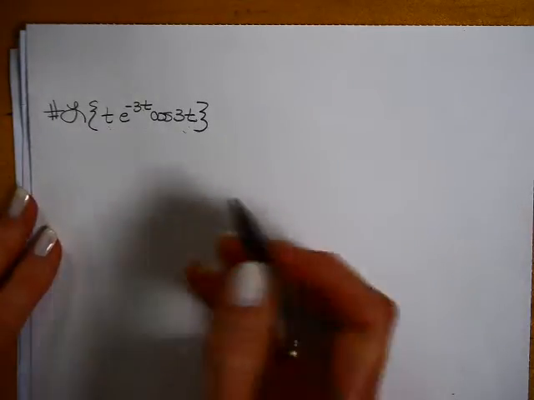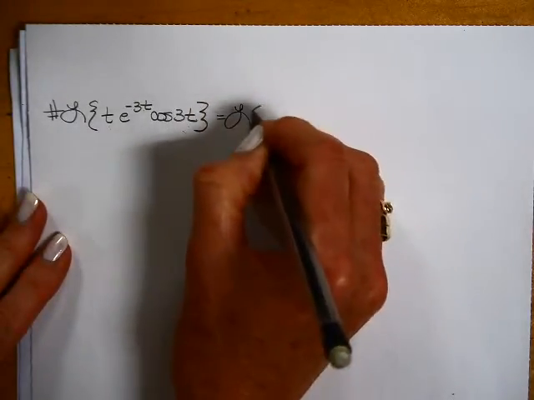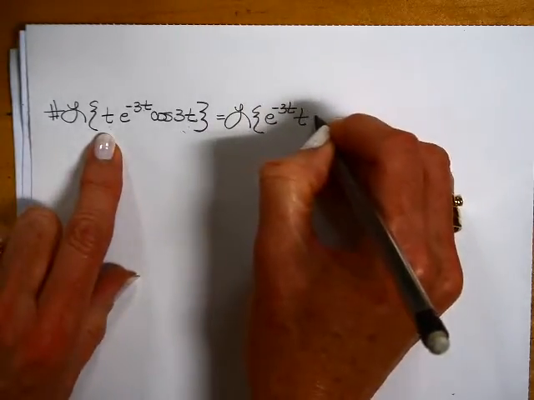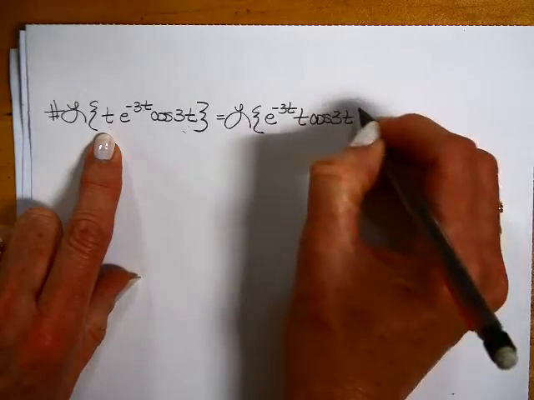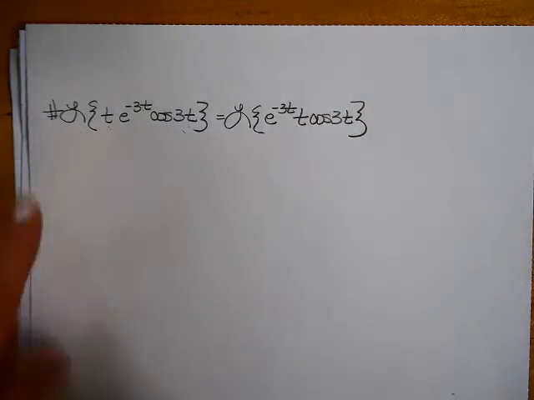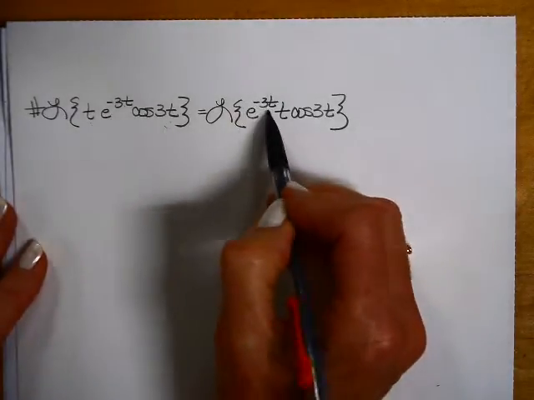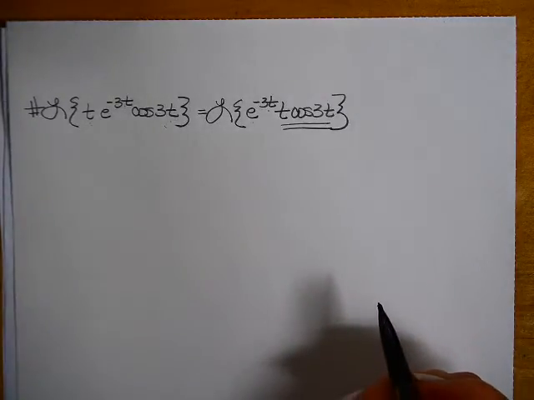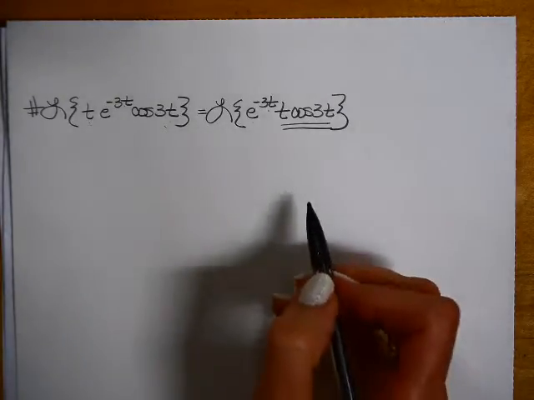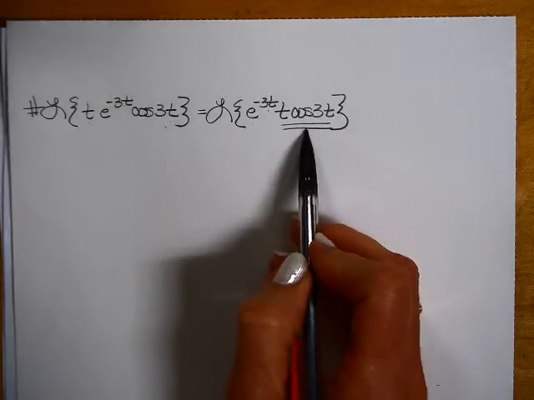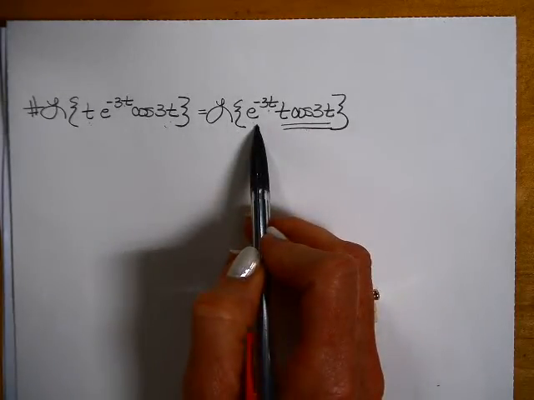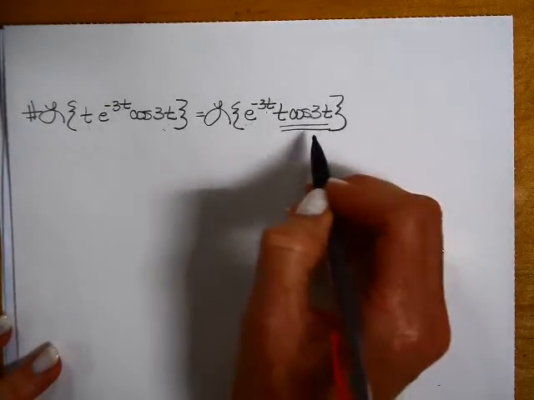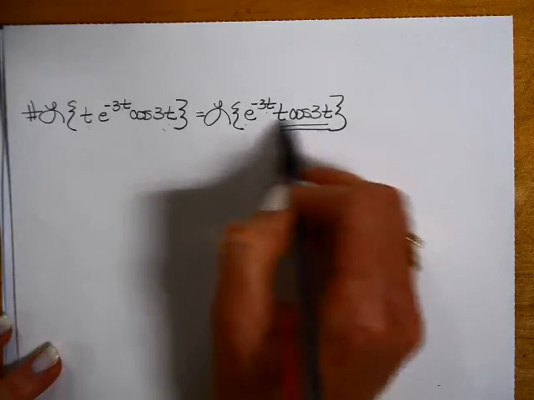I think, when I worked it earlier today, that it turned out easier if I looked at it like this, where I had e to the negative 3t times t cosine 3t. Now, this one, if you do it with the shift, then you're taking this and you're doing the Laplace transform of this, and then you shift this answer.